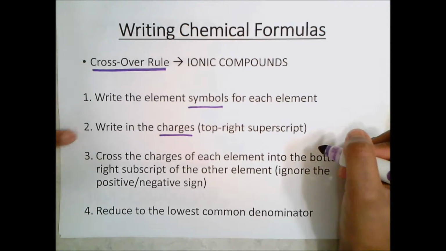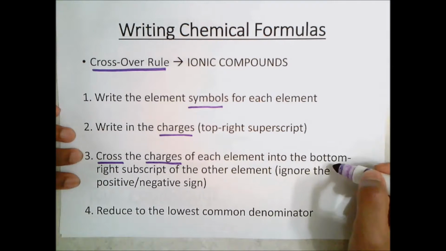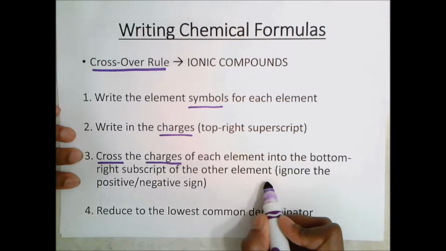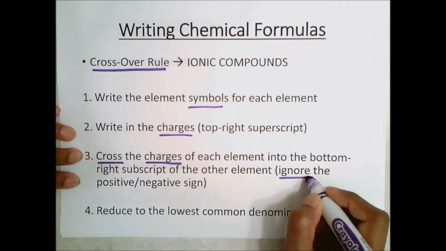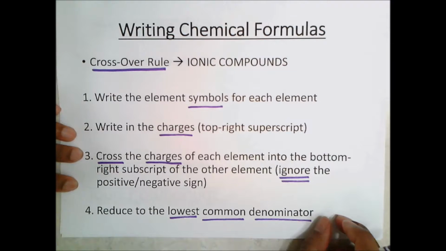Then cross the charges of each element onto the bottom right subscripts of the other elements, but ignore the signs. Finally, see if you can reduce to the lowest common denominator. Let's try these rules out.